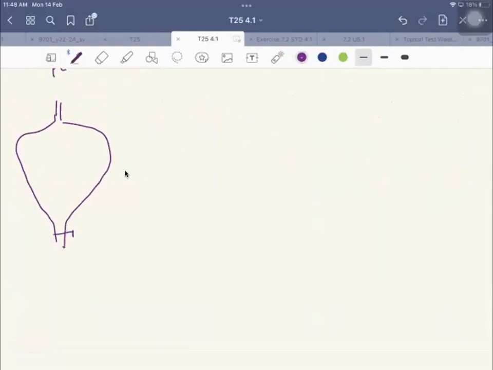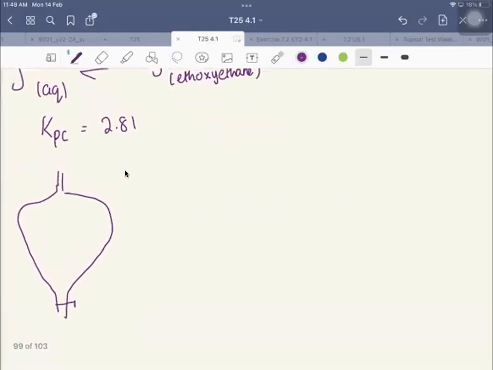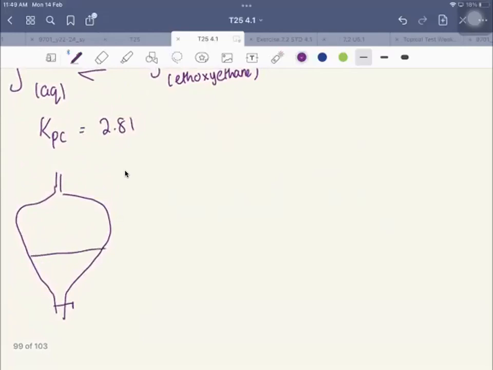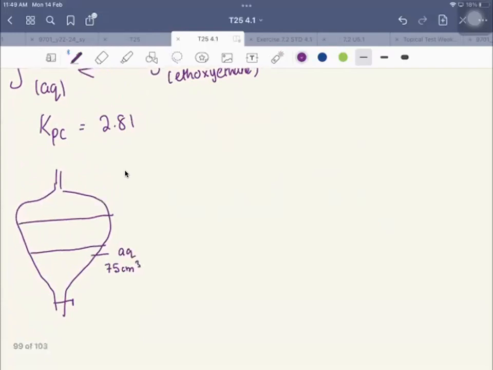My drawing is getting better and better. Okay, ethoxyethane shaken with aqueous solution, right? So my aqueous solution will still be the bottom layer. I now have 75 cm³ containing 5 grams of J. Okay, same thing.